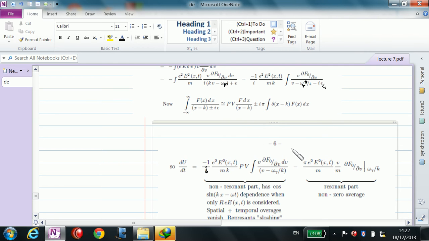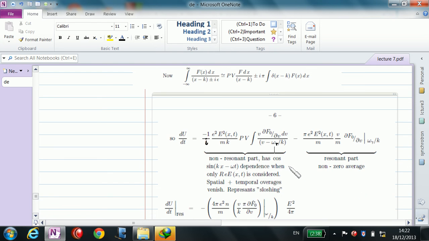So clearly what corresponds to k here actually corresponds to omega real over k here. You need to take the plus, well, I'm not even going to worry about the sign just yet.